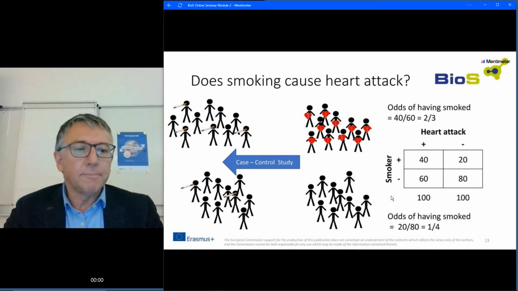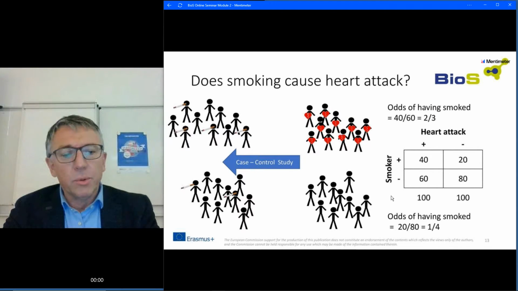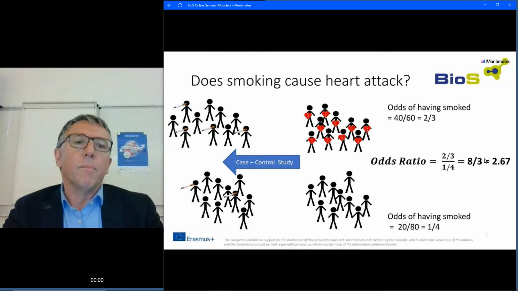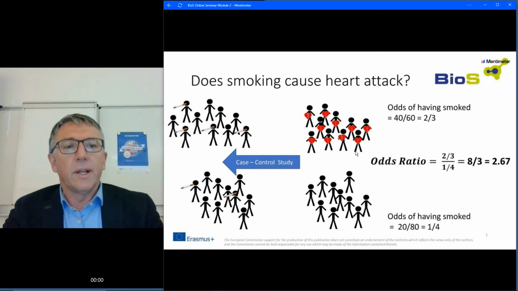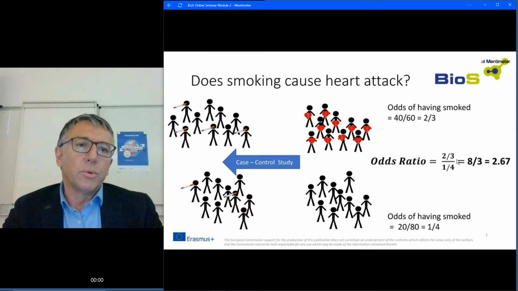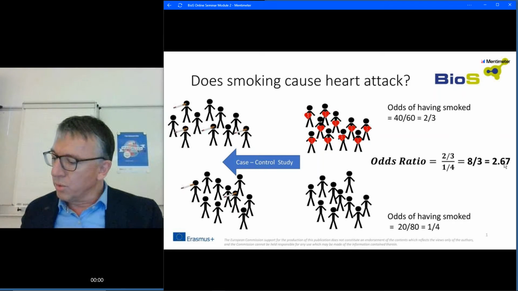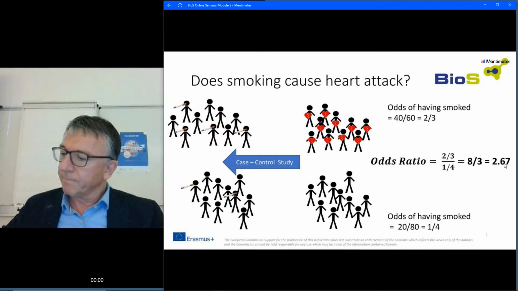Information, a little bit. What you can do is you can calculate the ratio of the odds. And the ratio of the odds, this is a bit more informative. So if you calculate the ratio of the odds, which was 2/3 for the people with heart attack and 1/4 for the people with no heart attack, you calculate that the odds ratio is 2.7.